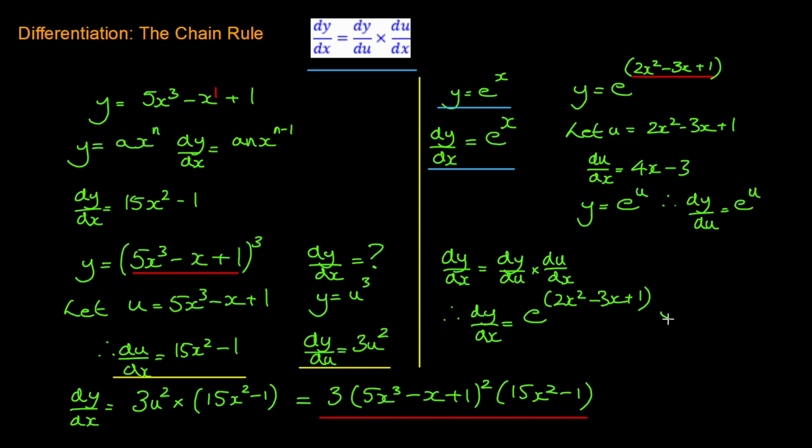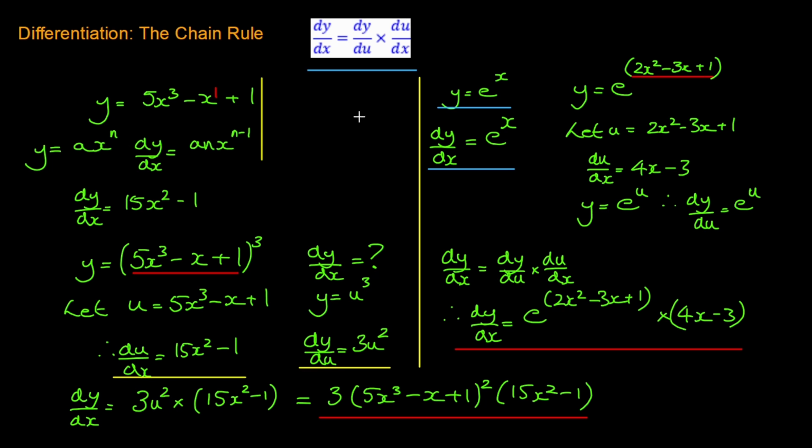And we've got to multiply this by du/dx, which is 4x minus 3. And that's the answer. Yes, I could do some tidying up and put the 4x minus 3 at the front of the e expression, but take a moment to appreciate what the chain rule has done for us. We're now able to differentiate composite functions.